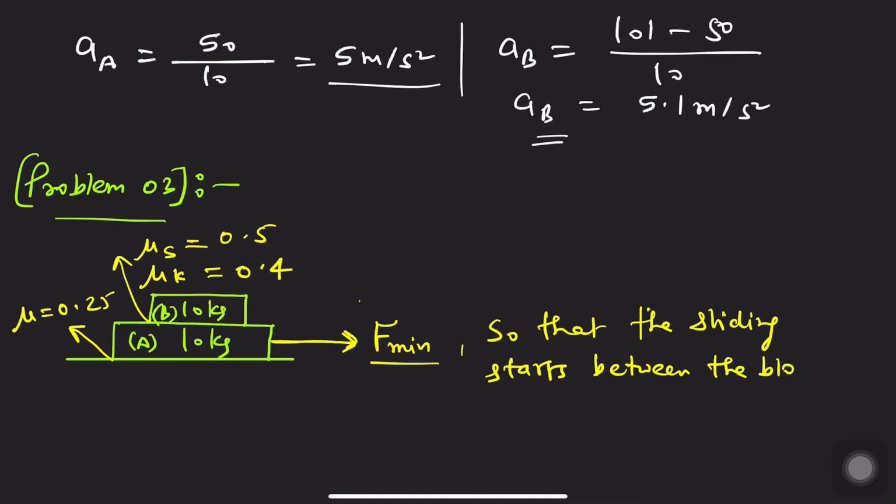So this is the question, what should be the F minimum? That means how much minimum force we should apply on block A in the horizontal direction so that we can achieve sliding between the two blocks.